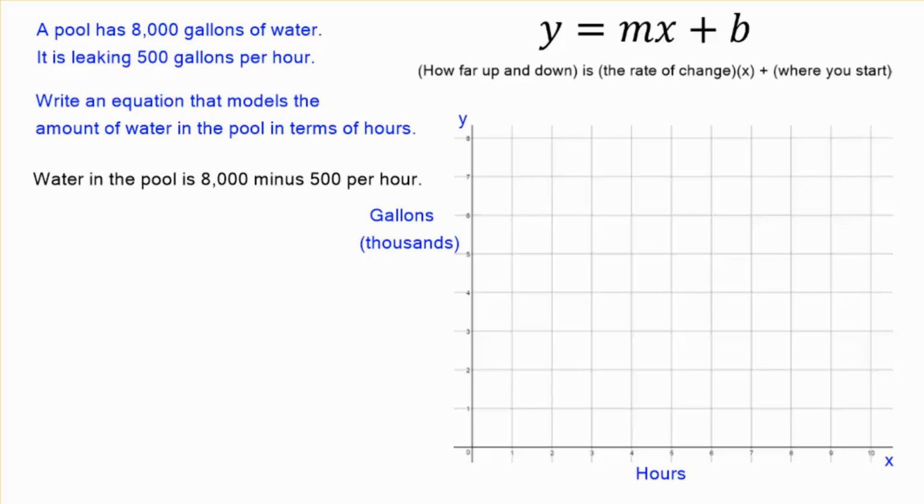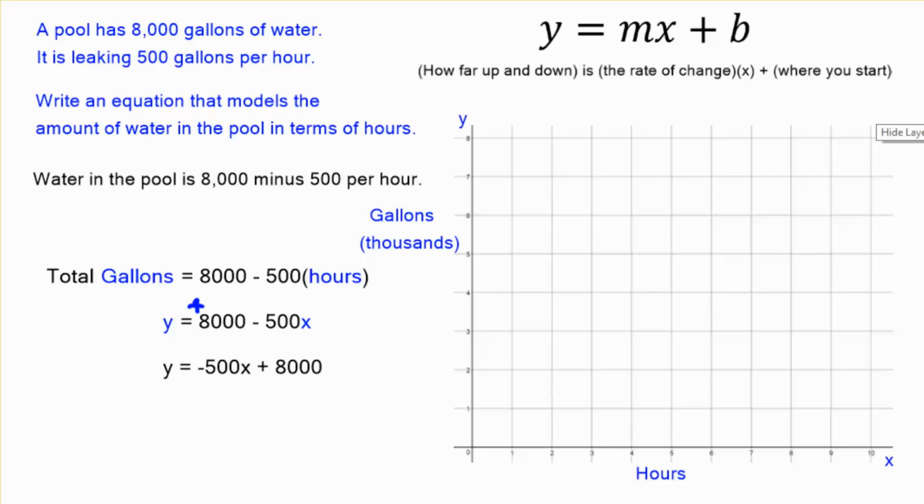So gallons is y, and hours is going to be our x. So let's write that as total gallons is equal to 8,000 minus the 500 per hour. And again, it's kind of flip-flopped. We need to switch those around. That's a negative 500x and a positive 8,000. So when we rewrite that, it's negative 500x plus the 8,000.